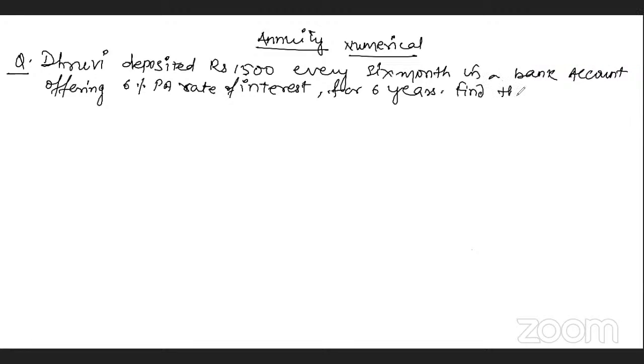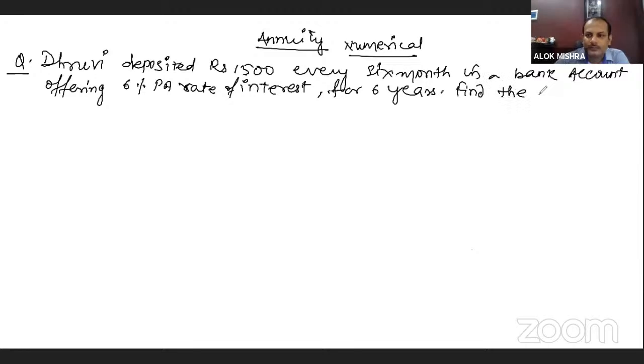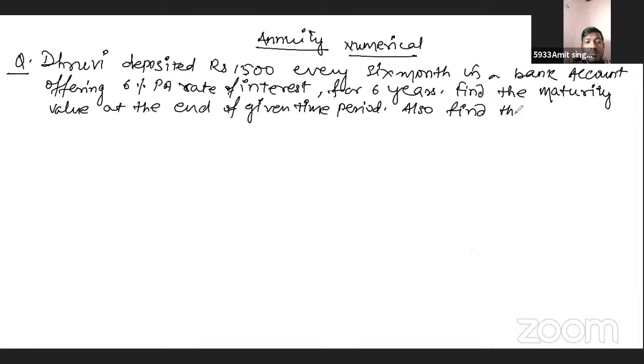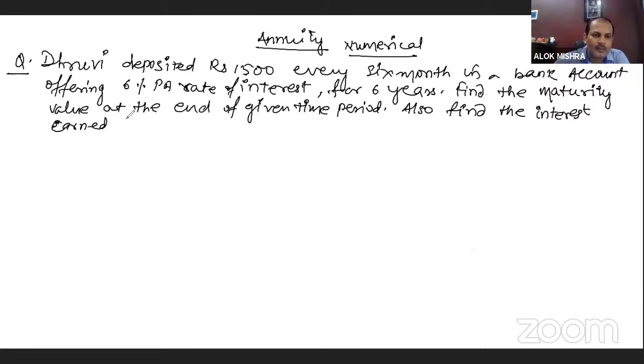So what is the rate of interest? 6%. Find the maturity value at the end of the given time period. Also find the interest earned by her.